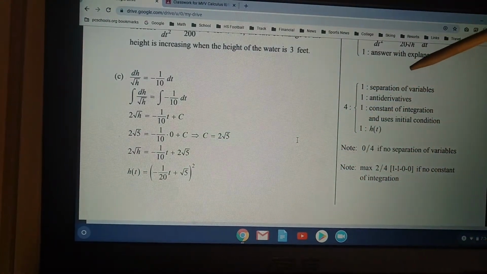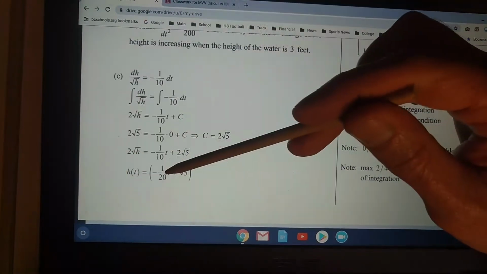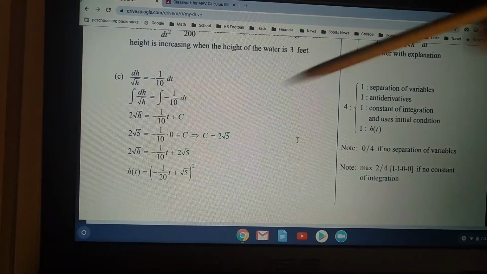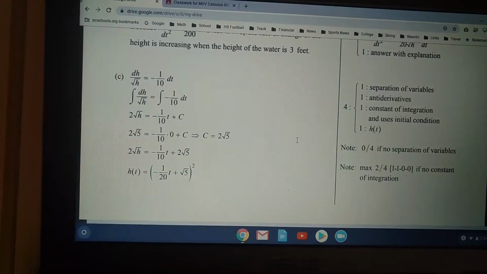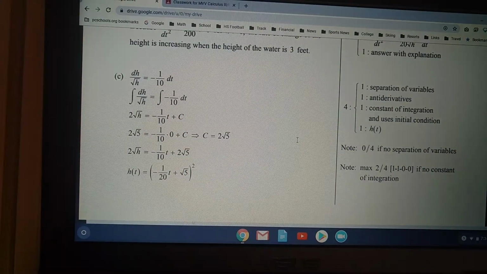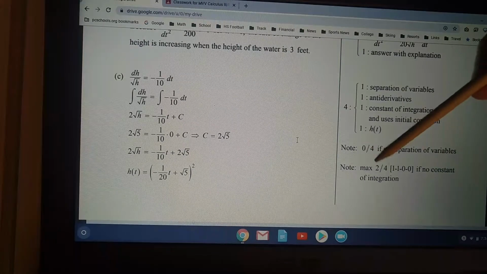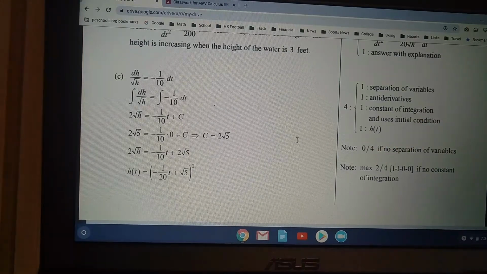I don't know how many students I saw go and square both of these and say that that was equal to 1 over 400 t squared plus 5. It's not. You can't just square each term in a binomial. And so notice the typical mistake there.